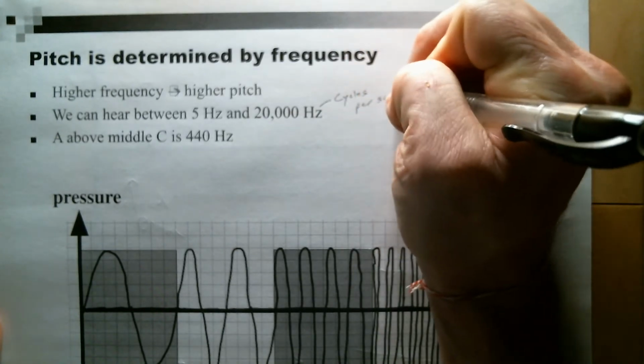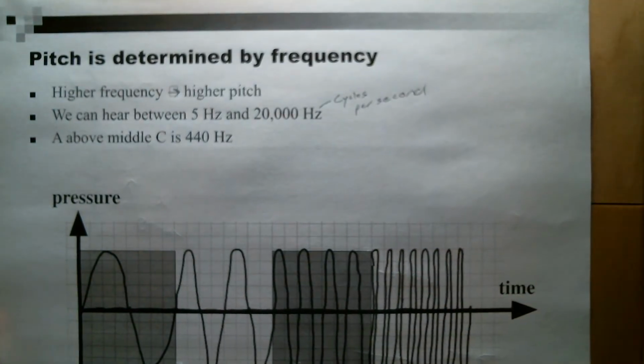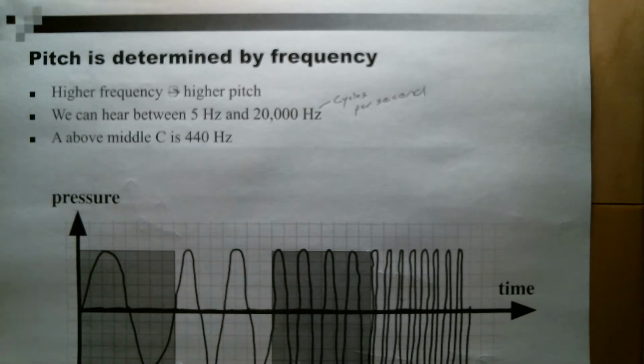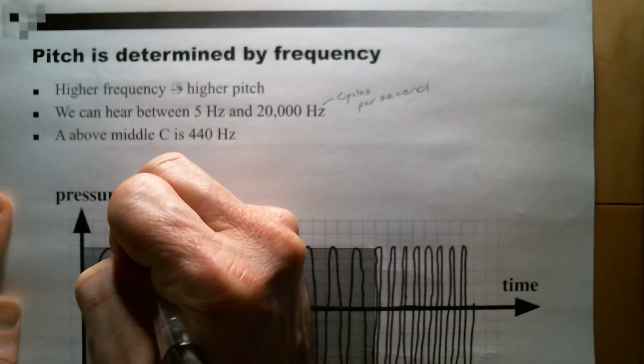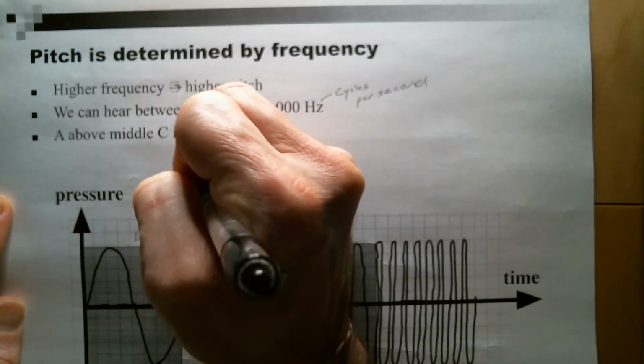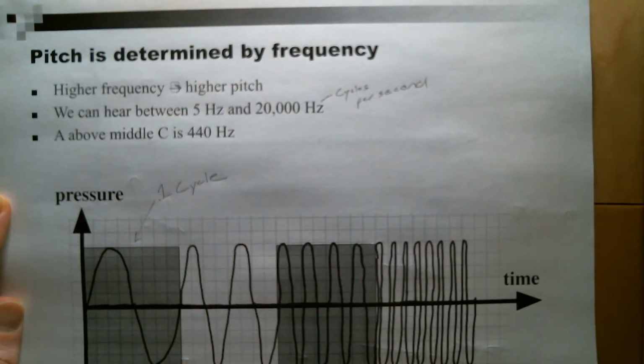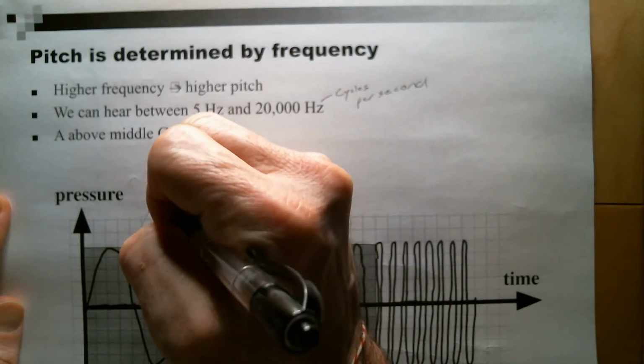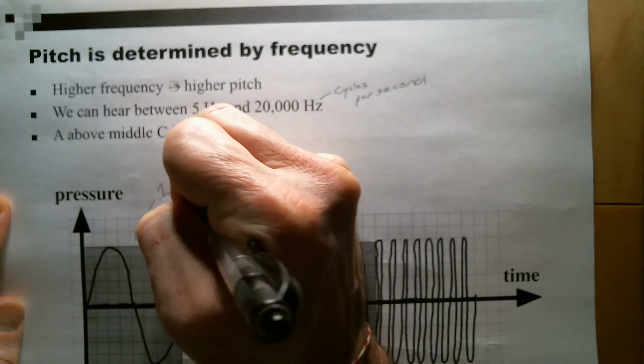I'm not a music person, but for a frame of reference, A above middle C is 440 hertz. Again, this right here represents one cycle, and as one cycle, this would be a lower pitch.